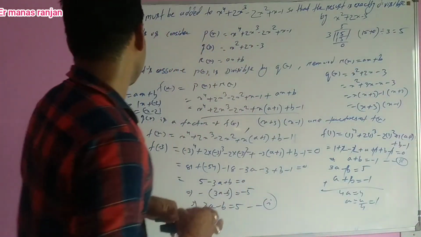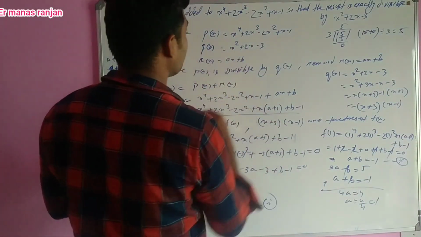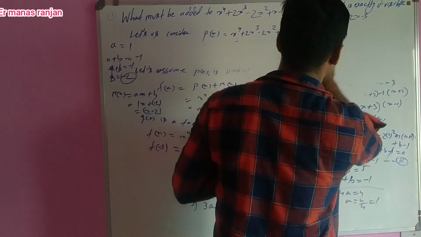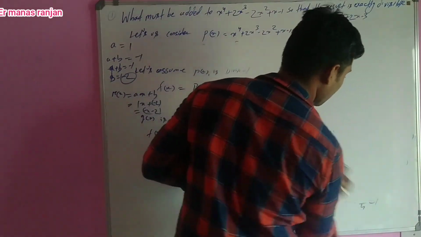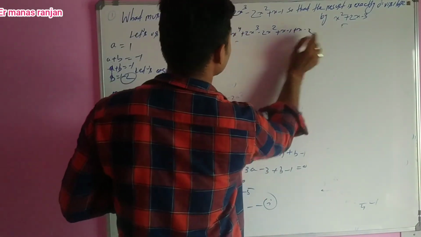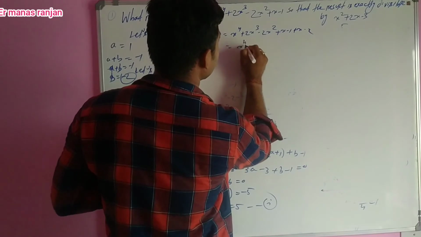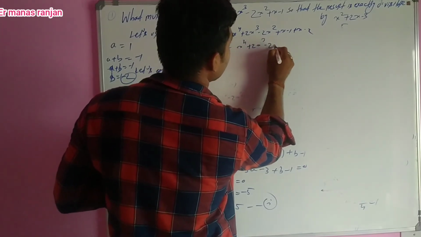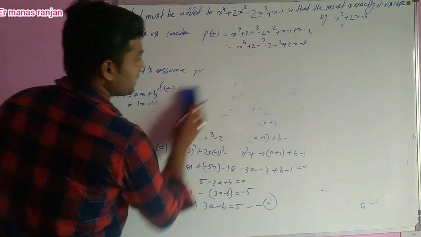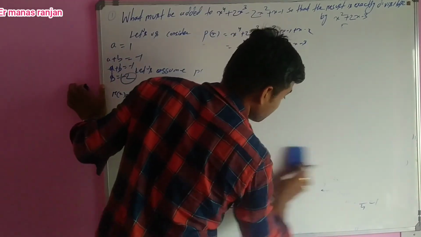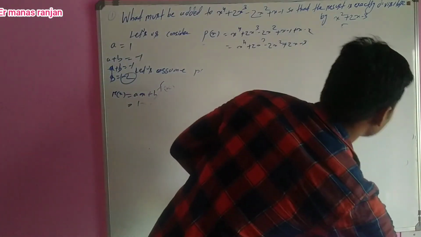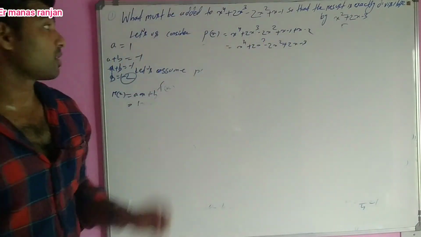If you add x − 2 to P(x), it will be x⁴ + 2x³ − 2x² + 2x − 3. Is it exactly divisible by x² + 2x − 3, yes or no? If you divide, you will get remainder 0.